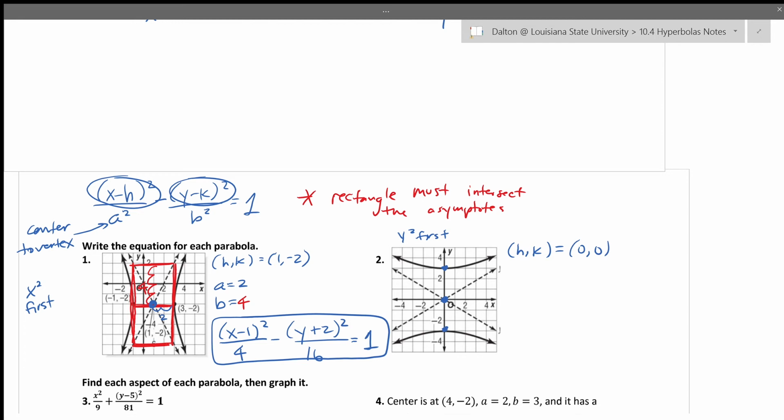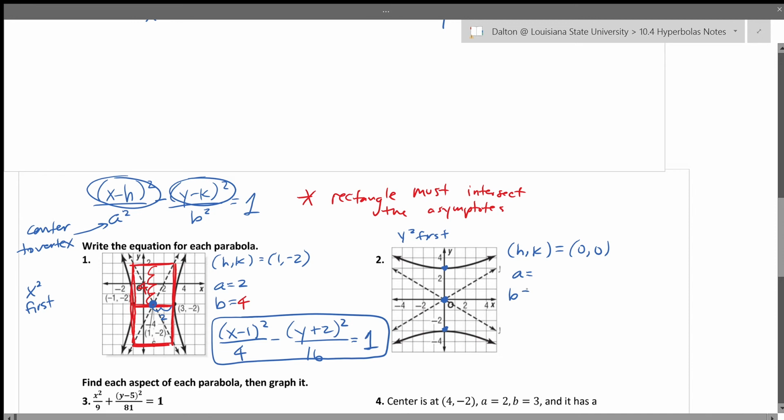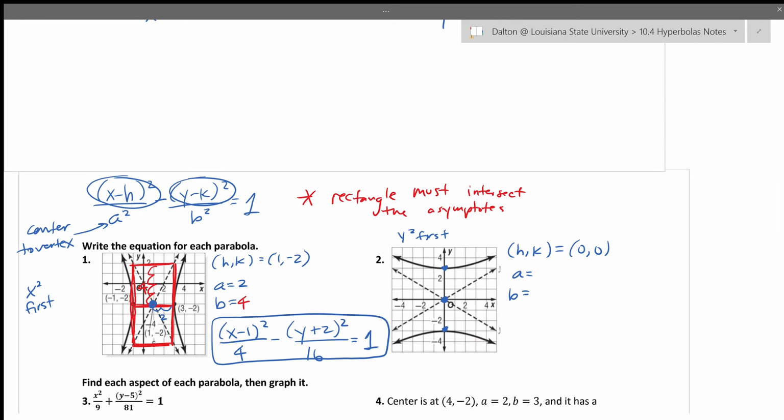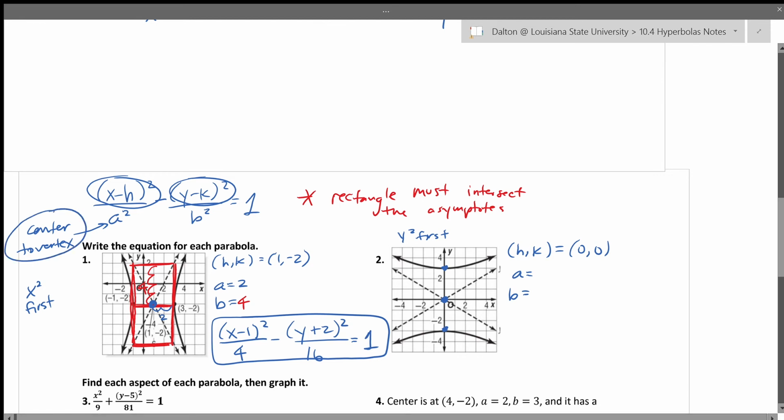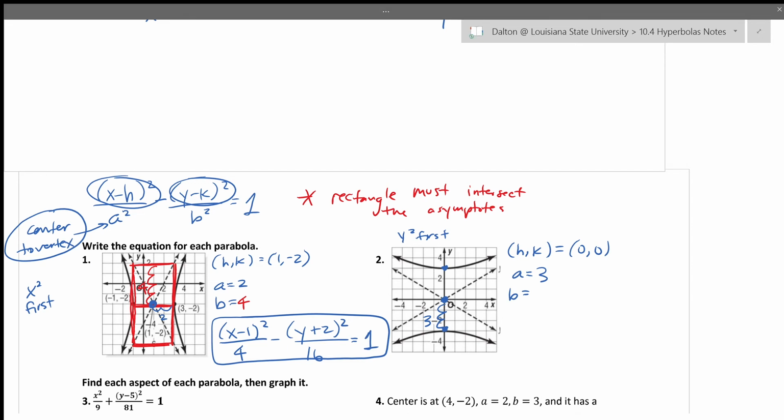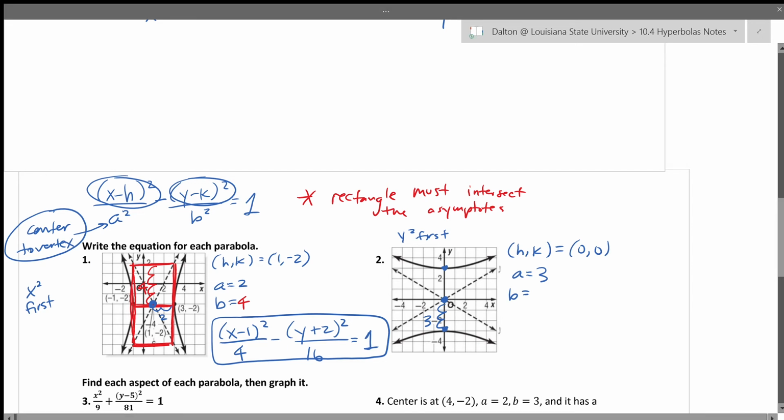And then a and b come from half the distances of the axes. Or you can think about a as the distance from the center to one of the vertices. So if I start at the center and count down to one of the vertices, I get 3. And then b, again, is half the distance of the conjugate axis. So again, we've got to draw that rectangle.